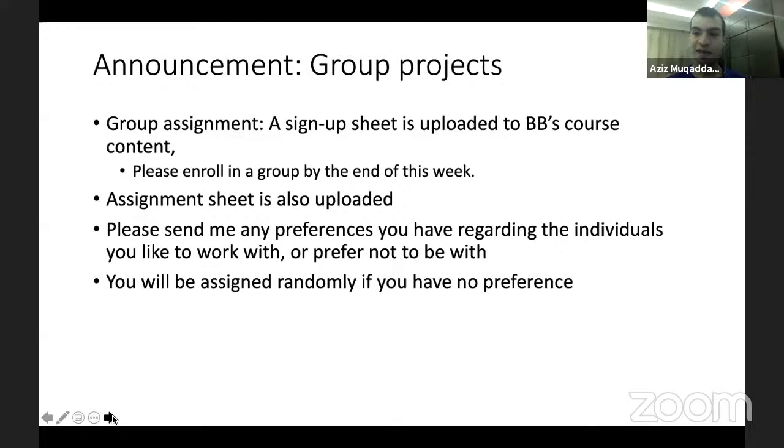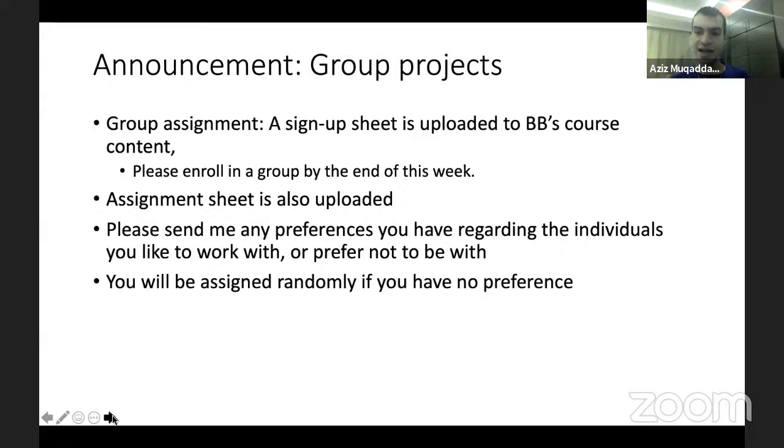If you have preferences for people you'd like to work with, you can sign up with them, or let me know if you have difficulty signing up or self-enrolling in a group. It should be super easy, by the way. You just click on the group and you join. Or if you don't have a preference, but you have a preference not to join certain people, and this is based on previous experience, if there are 1 or 2 individuals you don't want to be in a group with for whatever reason, a personal reason or a bad experience, let me know.